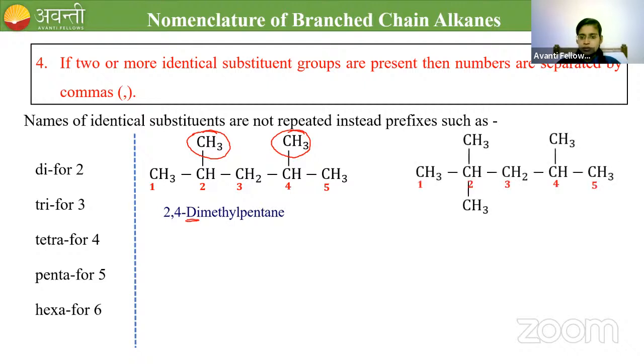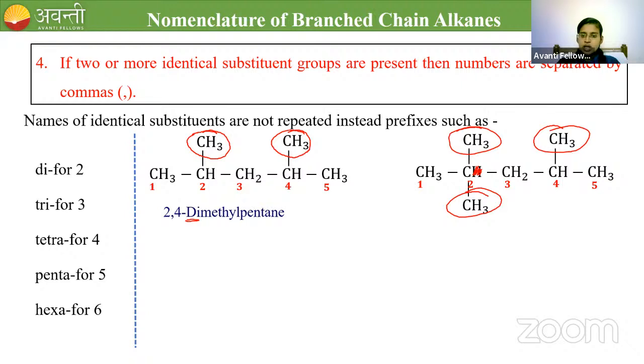Let me give one more example. Try to find out the name. So here in this compound, we won't be having hydrogen here. Try to find out the name of this compound. So 5 carbons are present in the parent chain and we have 3 substituents. What is the correct name? Yeah, Chandu. 2,2,4 trimethyl pentane.